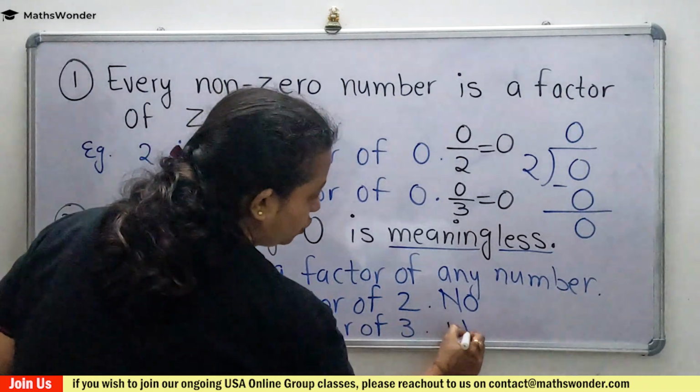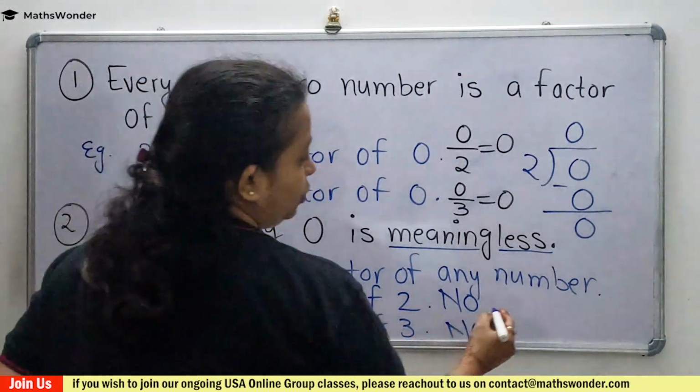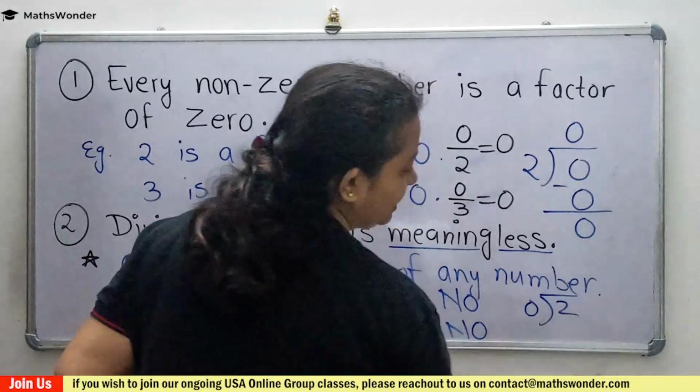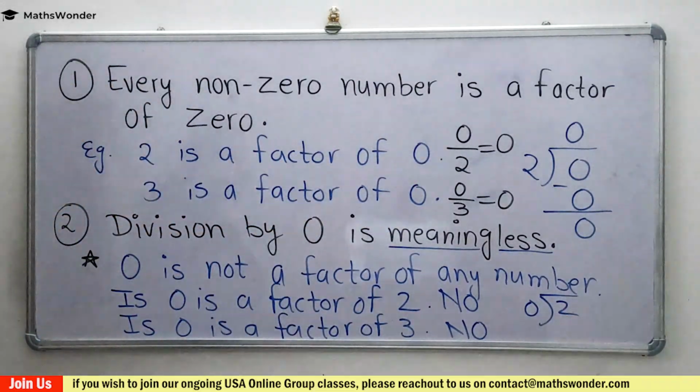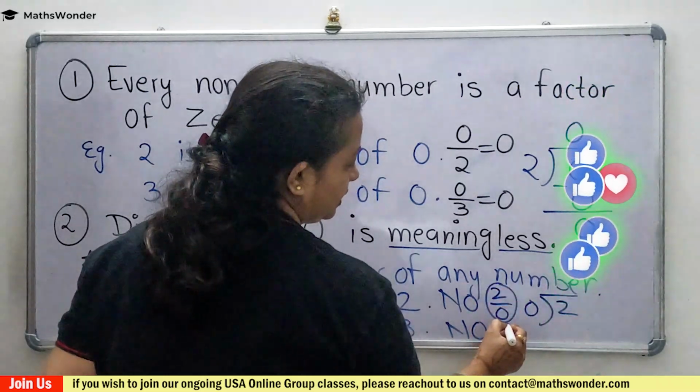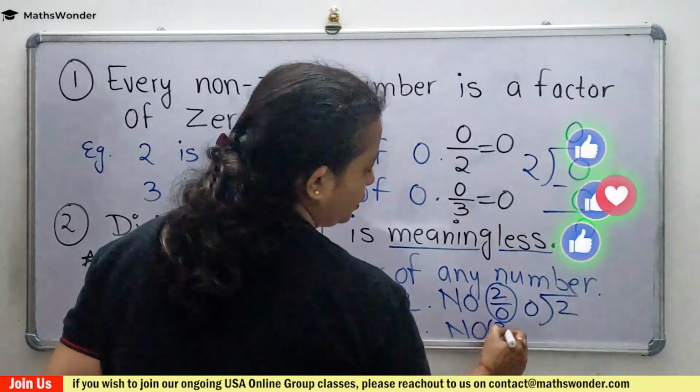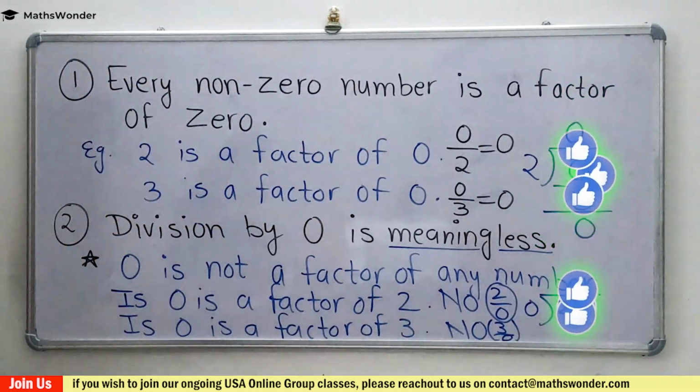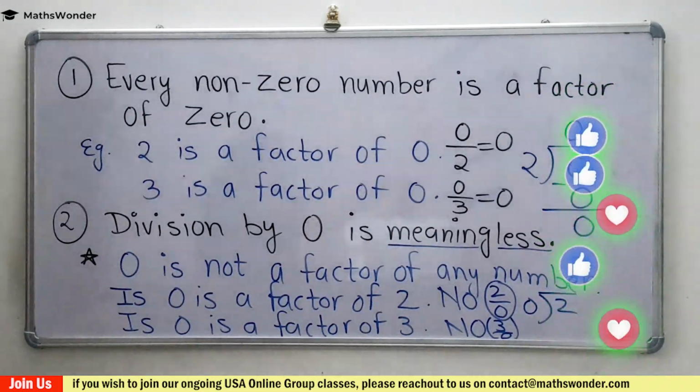Your answer is no. Because you can't divide like this. 2 over 0 is not possible, and 3 over 0 is not possible in the division form. So you will get the answer no.